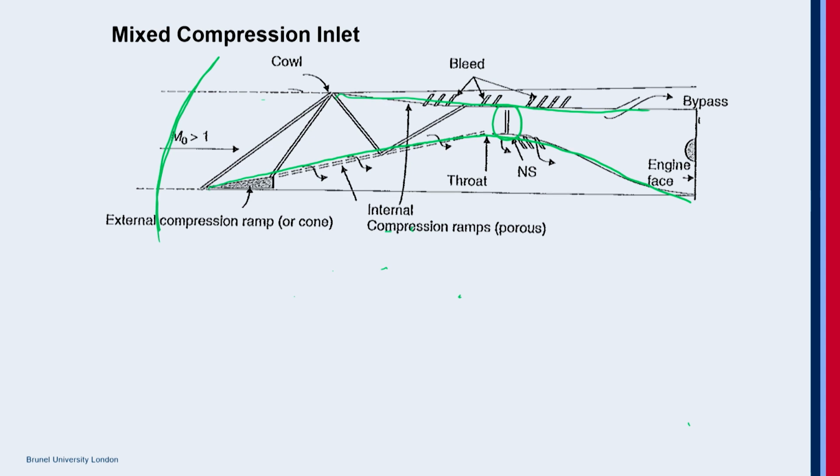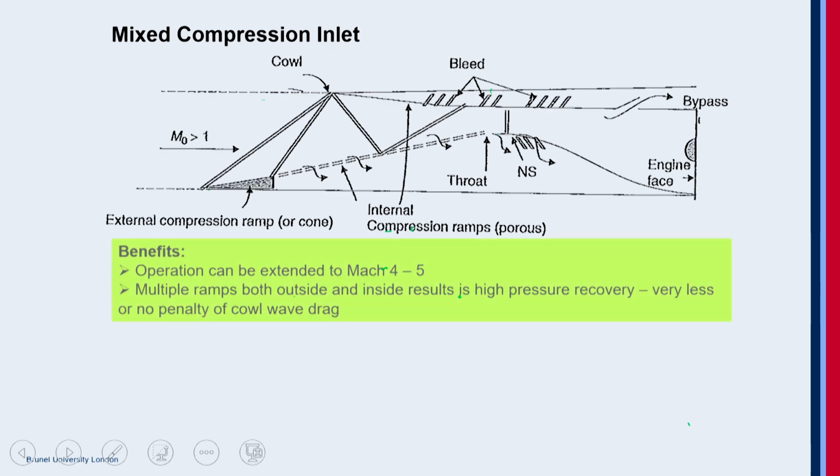So we need to look at the mechanisms of starting the shocks, to swallow the shock quickly so that it comes here. Now this is the kind of inlet that's being used in Concorde, but there are lots of control mechanisms. What you see here: there are bleeds, shock traps, and fast acting valves to quickly control the flow.